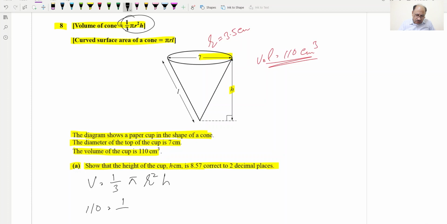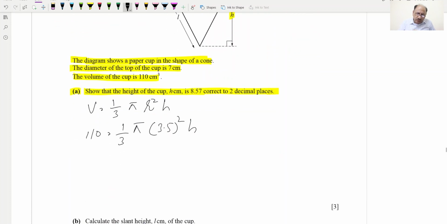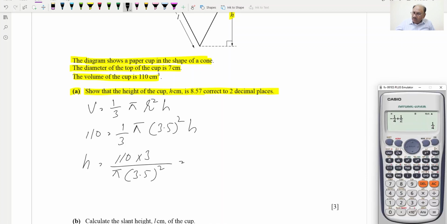110 is equal to 1 by 3 pi, and r square means 3.5 squared, which is equal to h, and h will be equal to what? H will be equal to, we will shift everything to the other side. So we can write 110 multiplied by 3 and divided by pi will go as denominator, and 3.5 squared will also go as denominator. And now we can simplify.